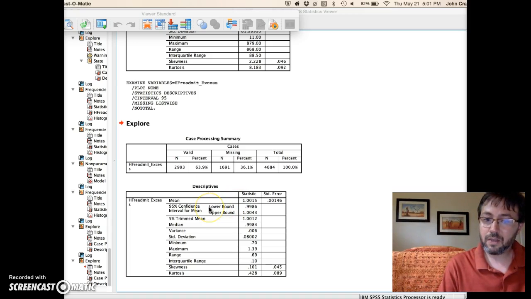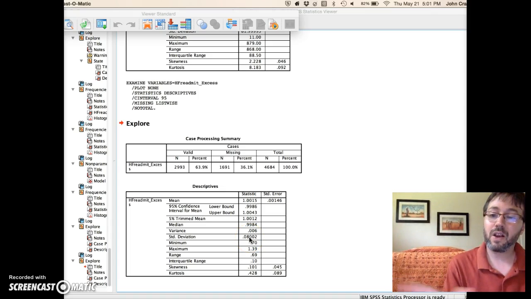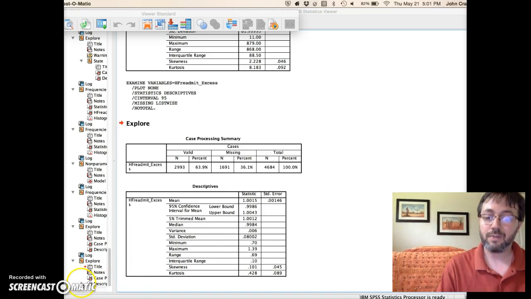It's not the 95% confidence interval for where all of the observations lie around the mean. This is a measure of how confident we are about that mean, and our standard deviation is more about how much variance we have around the mean in the actual data.